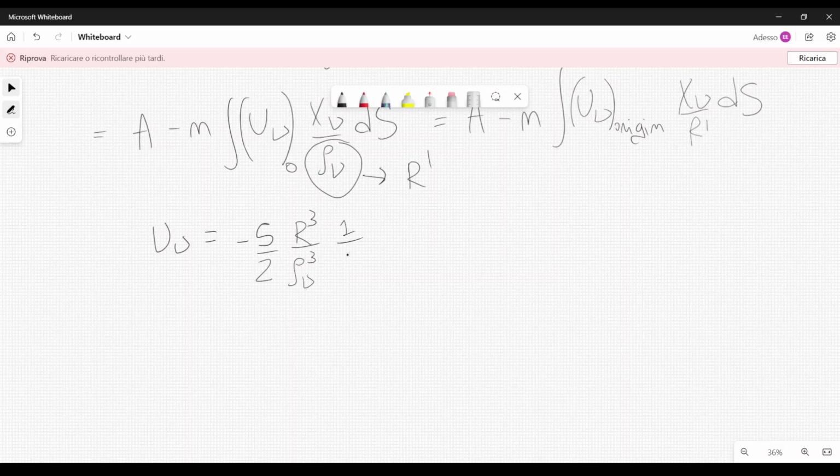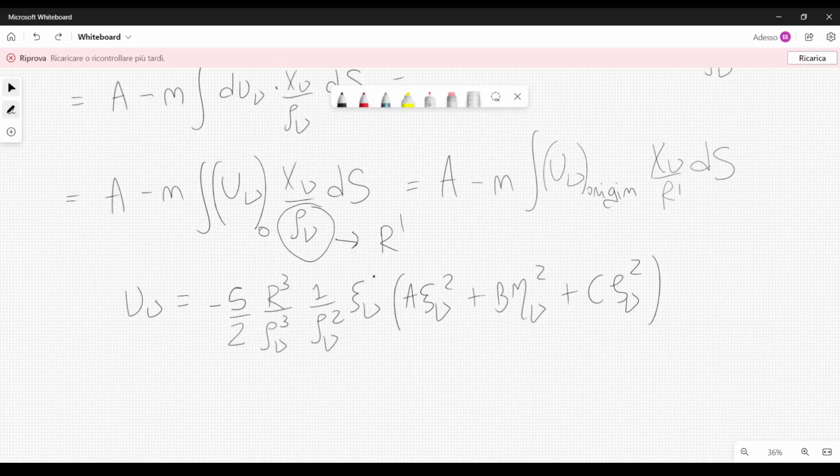And I also multiply by 1 over ρ_ν squared, because there was ρ_ν to the 5th power here. Then we have a ξ_ν squared plus b η_ν squared plus c ζ_ν squared, like this. And at the origin, ξ_ν will become minus x_ν, and all these terms will become x_ν squared plus y_ν squared plus z_ν squared.